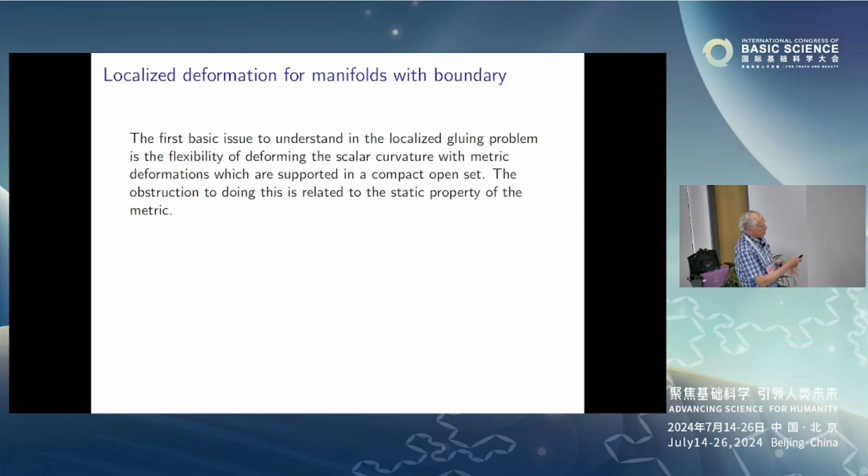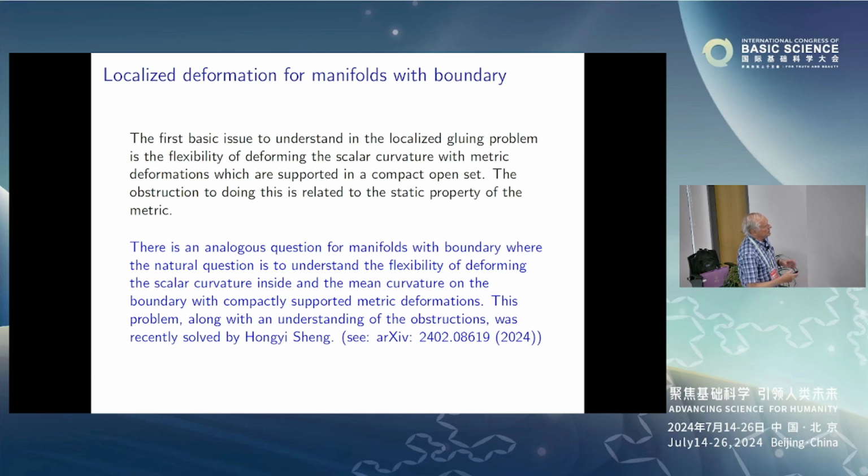So as I mentioned, the basic idea of solving the localized gluing problem is understanding the flexibility in deforming, say, the scalar curvature, or more generally the constraint operator, with deformations that are compactly supported. And so the obstruction, again, can be understood locally.